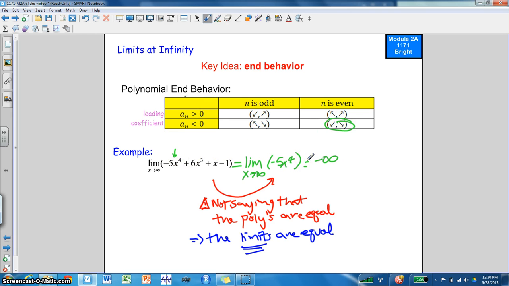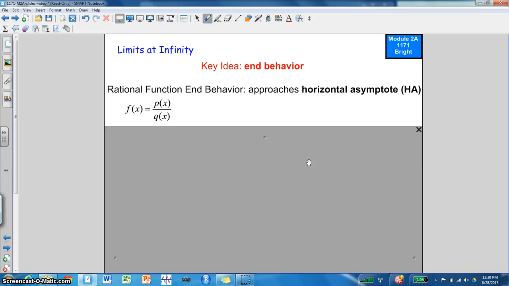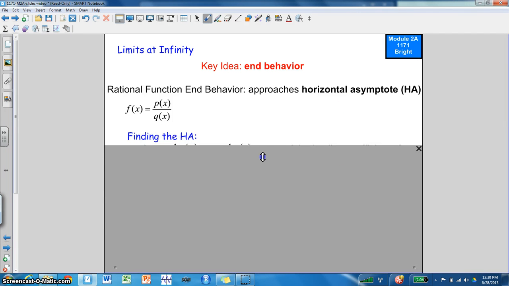We're going to use this idea again when we look at rational functions. Remember that a rational function's behavior, as you go out to infinity or minus infinity in either direction, approaches the horizontal asymptote. So if we can determine the horizontal asymptote value, if there is one, that will tell us the behavior.